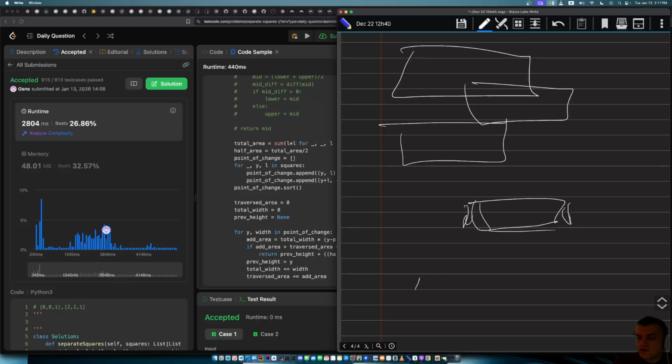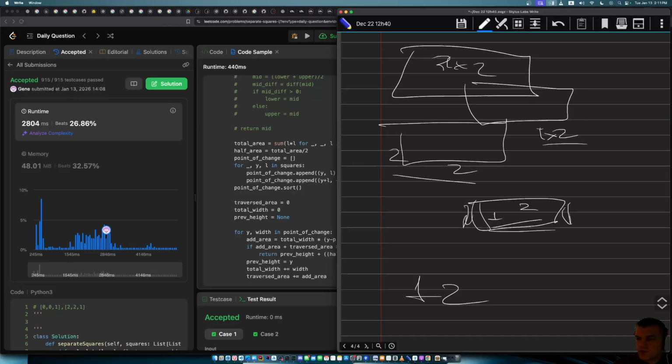Let's say the target is equal to 12. Let's say this rectangle is 1 by 2. This one, let's say 2 by 2, and then this one is 1 by 2, and this one is 1 by 2. So total is going to be 2 plus 4 plus 2, 6.